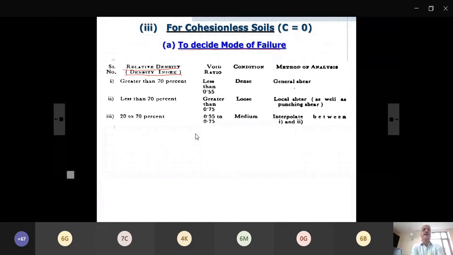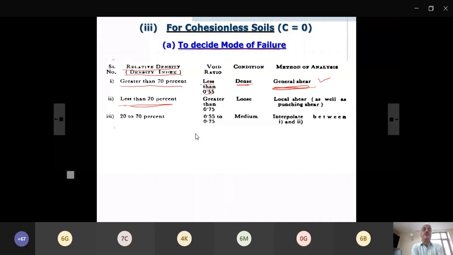So if relative density is greater than 70% or void ratio is less than 0.55, it is in dense condition, and you are likely to have general shear failure. So you can take the formula of general shear failure.